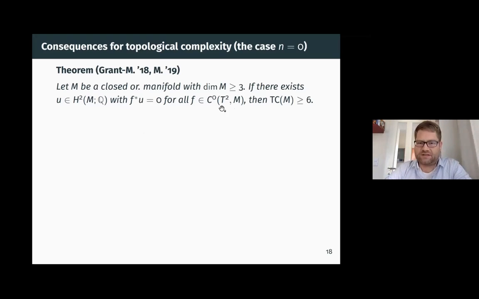So this is the setting: the product of manifolds in this case is precisely just the maps from the 2-torus to M. If we have such a class, if this exists, then the TC of M, unreduced, is 6 or bigger.